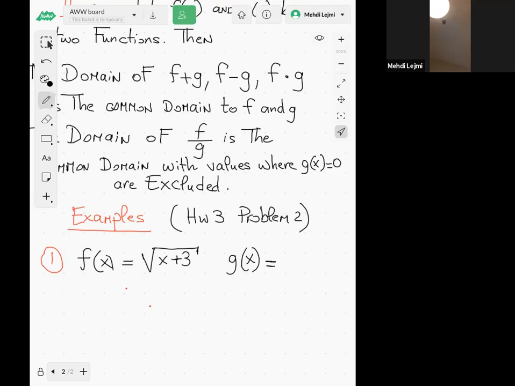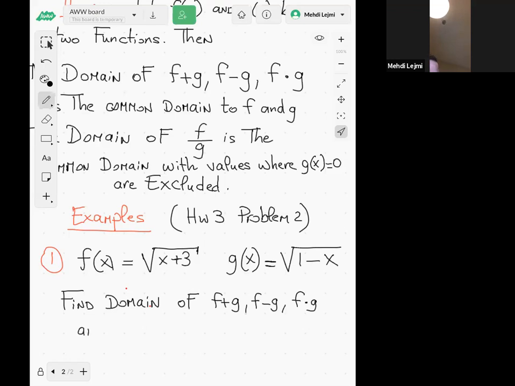So g of x is square root of 1 minus x, and let's say you want to find the domain of f plus g, f minus g, f times g, and f over g. This is exactly like the problem in the homework. Of course, different functions, but the same question. So how do we do that?